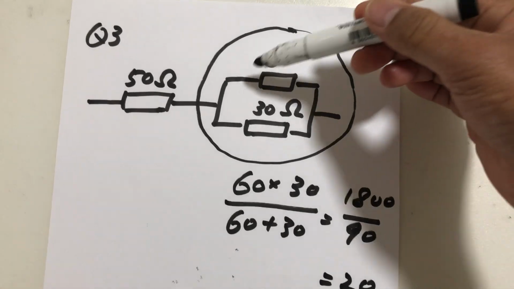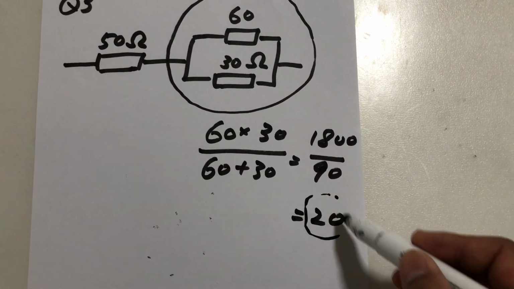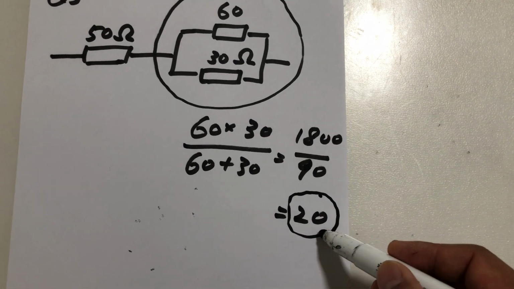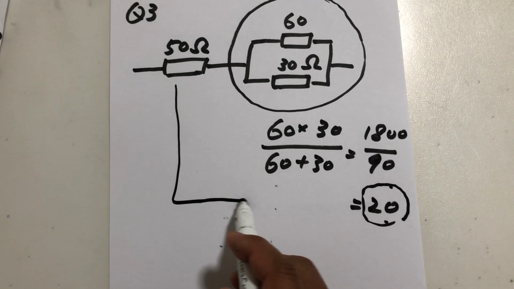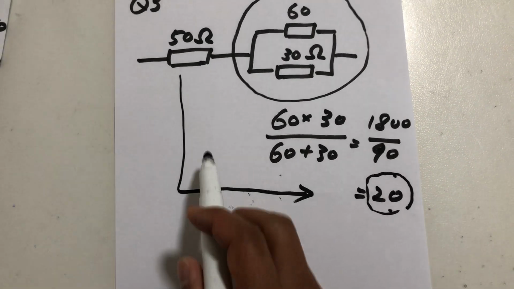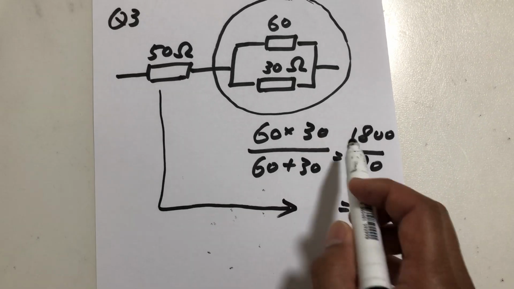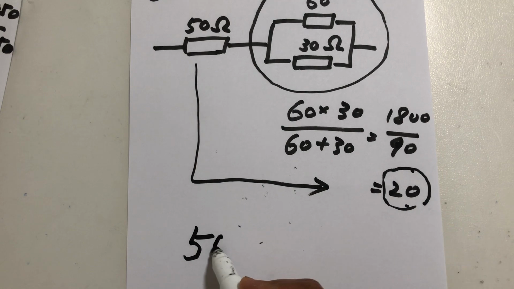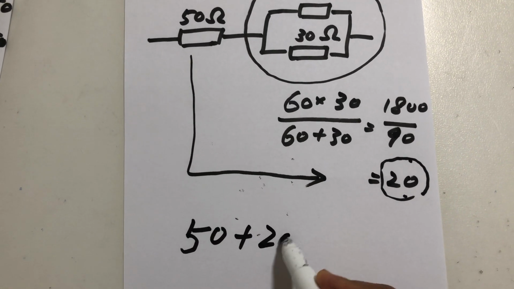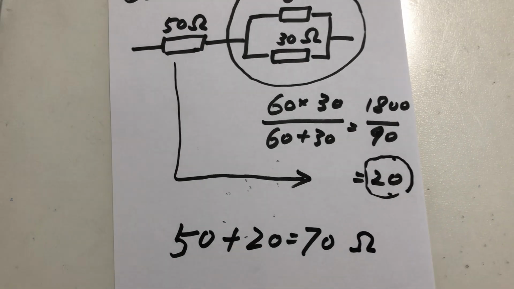So the total of this one is 20. Okay, but not finished here. There's another one here, a series. How do we do the series? Series is plus them together, unlike a parallel. So it becomes 50 plus 20 equals 70. The unit is ohm. You should add ohm for each question.